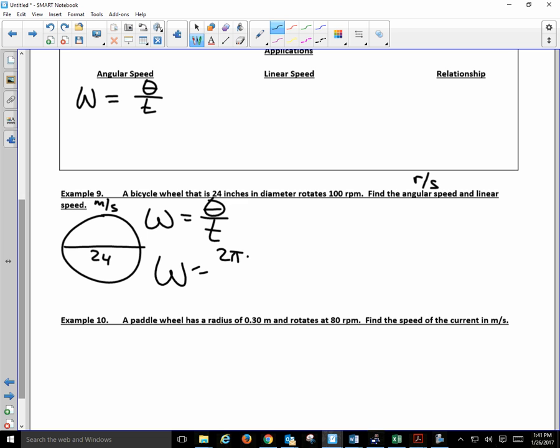How many rotations does it make? 100 rotations. I'm measuring in seconds. If it's 100 rotations per minute, how many seconds have gone by? 60 seconds. So I'm going to take 2 pi times 100 and divide it by 60. Someone, calculator, go. What do we get?